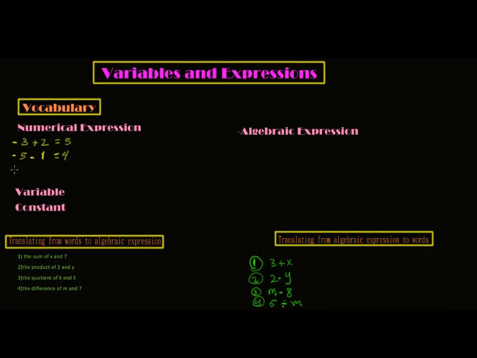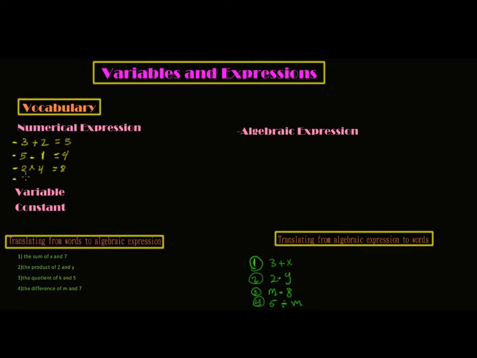If we take another one, using another operation, like 2 multiplied by 4. Here all elements are numbers: the first element is 2 and the other is 4, and between them is the multiplication sign. So I can find the result of that expression: 2 multiplied by 4 is 8.